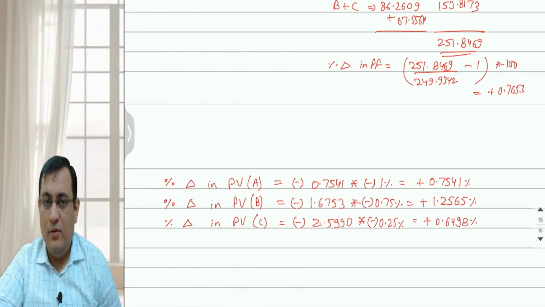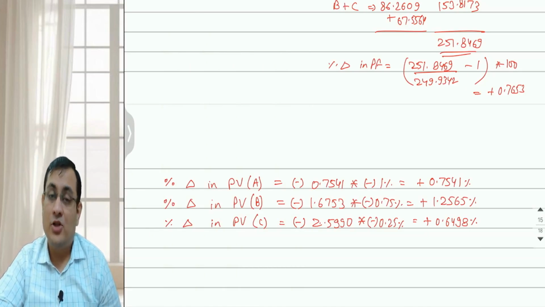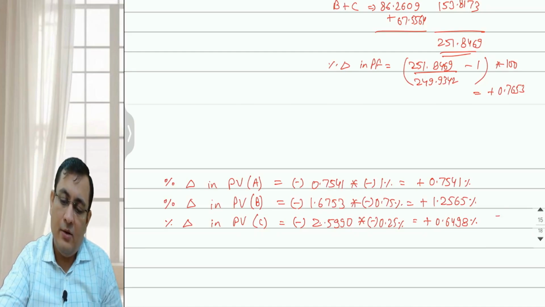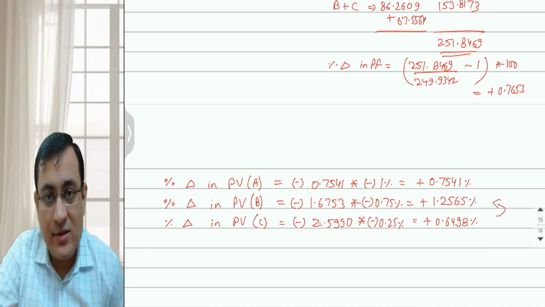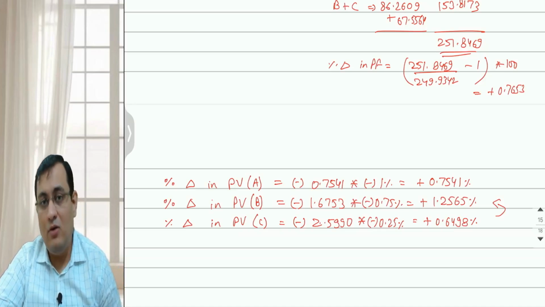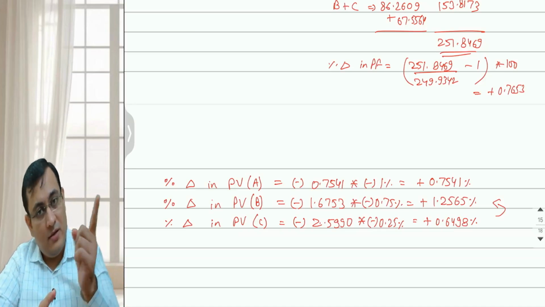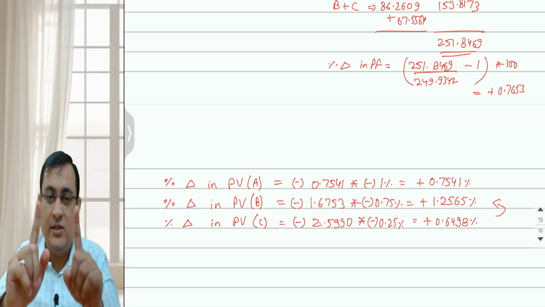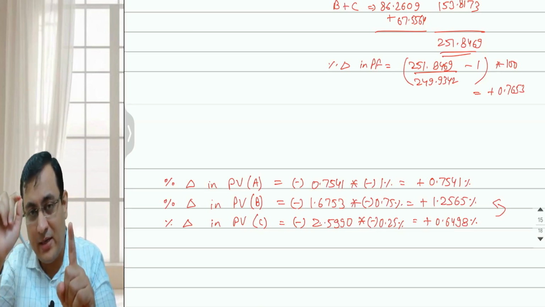What should we be doing? As a portfolio manager, as an investor, you should be shifting your investment from bond C to bond B to maximize your returns. Now we have considered both things, duration as well as change in the yield at the respective timing.